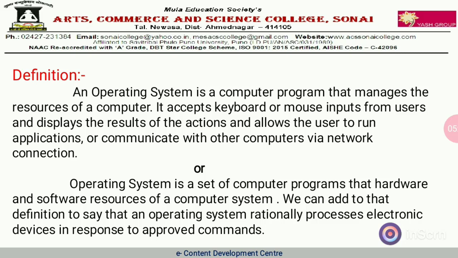Another definition is also available. Operating system is a set of computer programs that manages hardware and software resources of a computer system. We can add to that definition or say that an operating system responds to and processes electronic devices in response to approved commands.